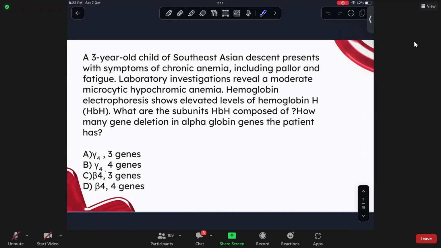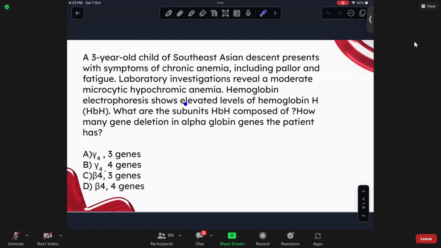Okay, lastly, I have a question about alpha thalassemia. A 3-year-old child of Southeast Asian descent presented with symptoms of chronic anemia, including fatigue. Lab investigation revealed a moderate microcytic hypochromic anemia.